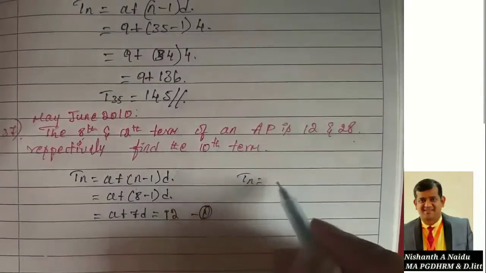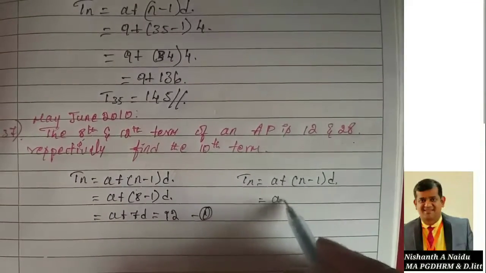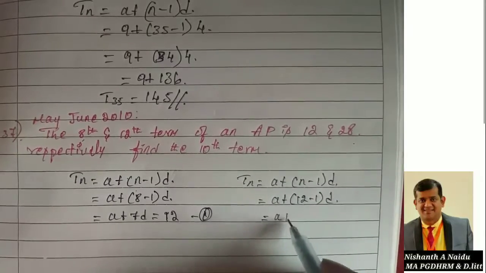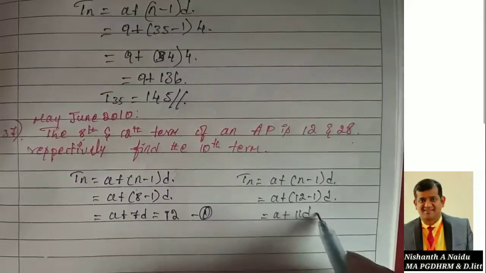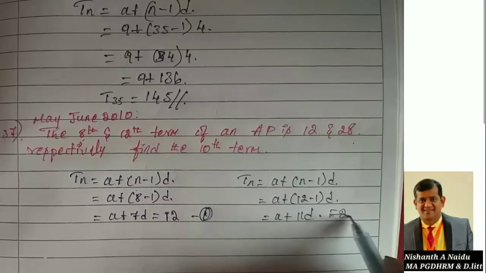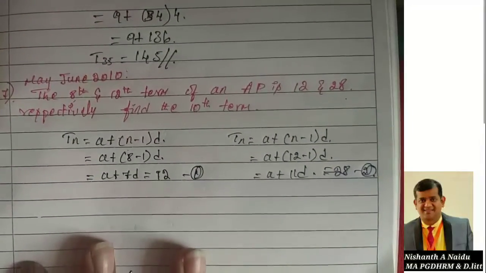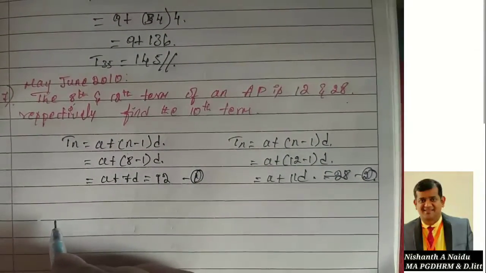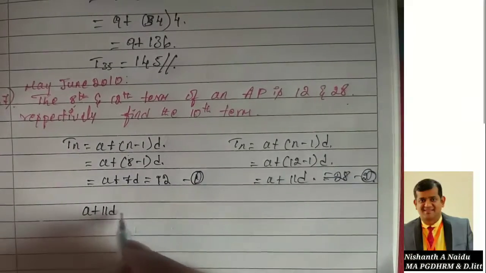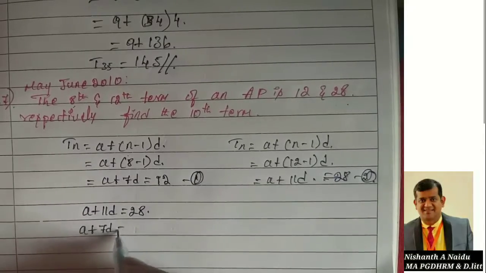Second one, Tn equals a plus n minus 1 into d. So that is a plus 12 minus 1 into d, that is a plus 11d equals 28. This is going to be equation 2. Now subtract equation 1 from equation 2. a plus 11d equals 28, a plus 7d equals 12.